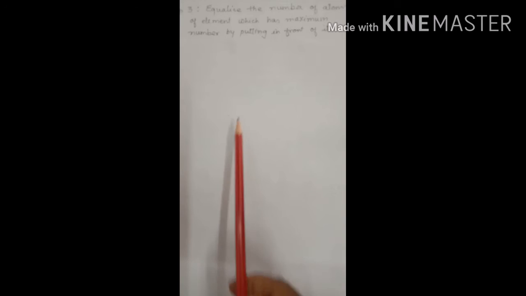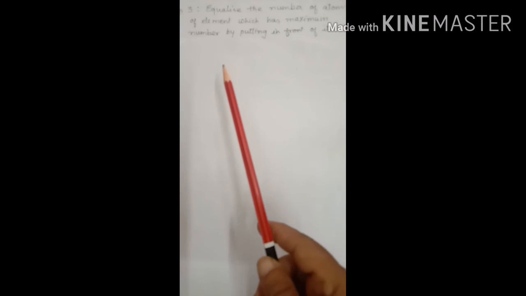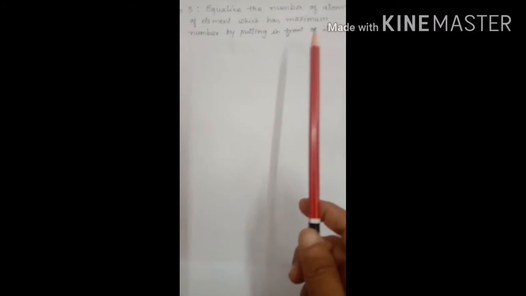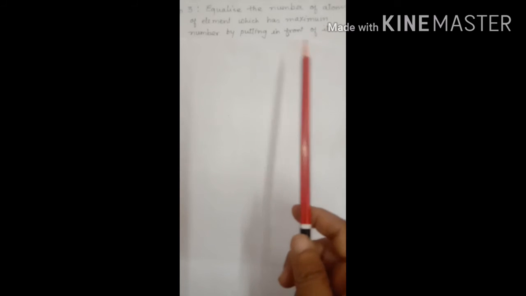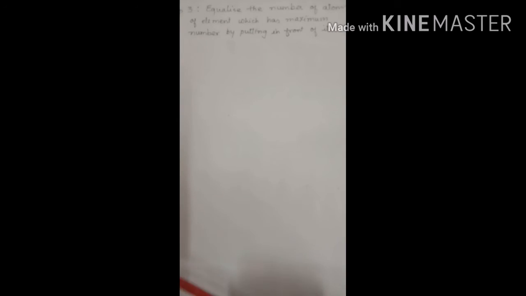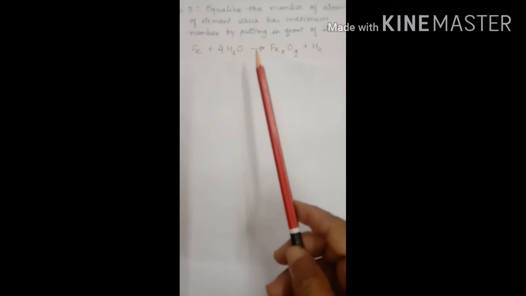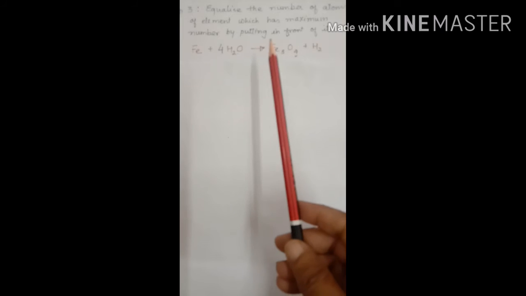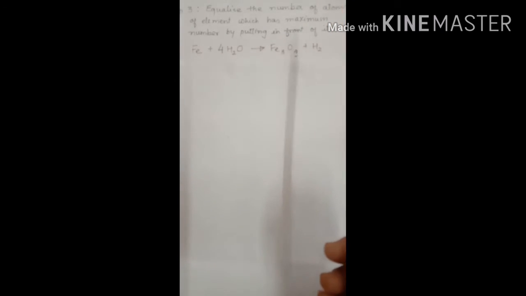Step 3 says you are supposed to equalize the number of atoms of the element which has the maximum number by putting a coefficient in front of it. Here the maximum is oxygen. Let me show you the table again.